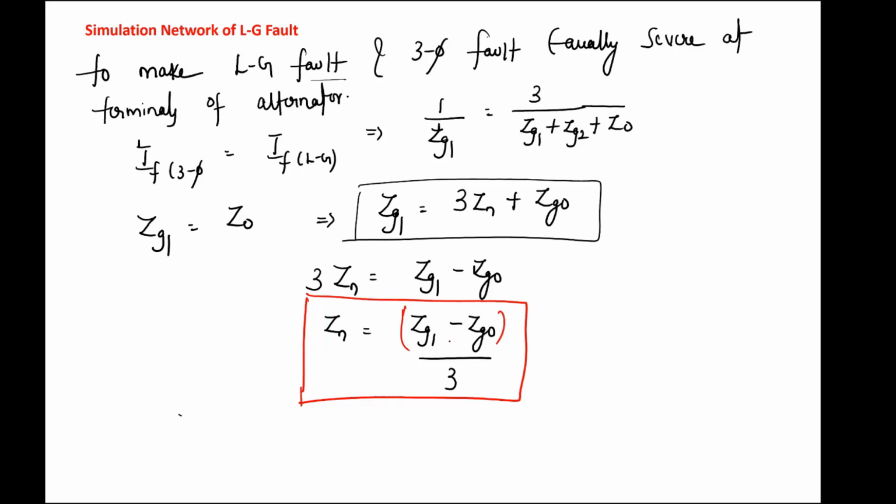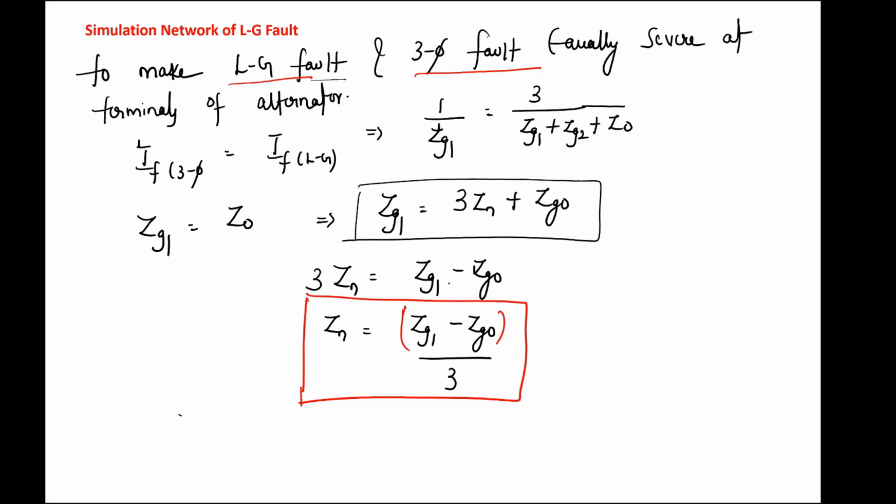If you ground the neutral of the alternator with this minimum impedance, then your LG fault and 3-phase fault will become equally severe at the terminals of the alternator. That is the crux.